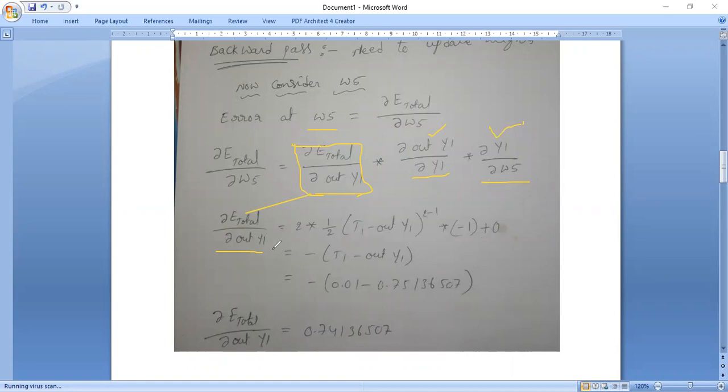This is the substituted formula for dou E total by dou out Y1, and it can be represented as T1 minus output of Y1. Now you can calculate T1 minus output of Y1, which gives the result 0.74136507 for dou E total by dou out Y1. The calculation of this one is over. Next, dou out Y1 by dou Y1.